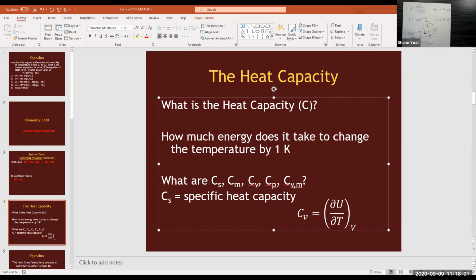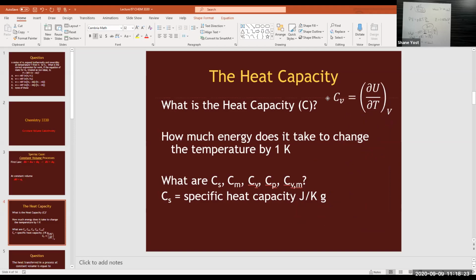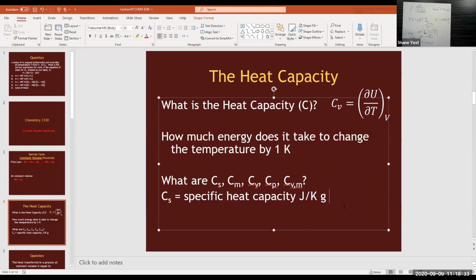Right, and that's in joules per Kelvin gram. So specific heat capacity, right? Heat capacity is units of joules per Kelvin, okay? CV itself, units joules per Kelvin.